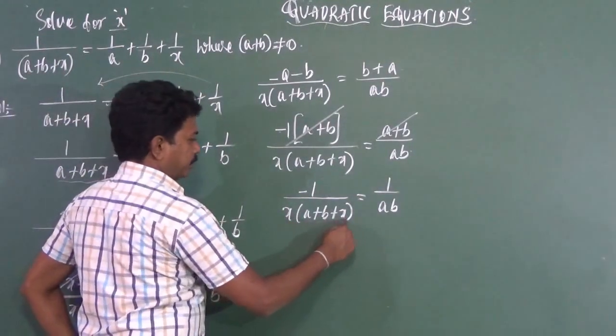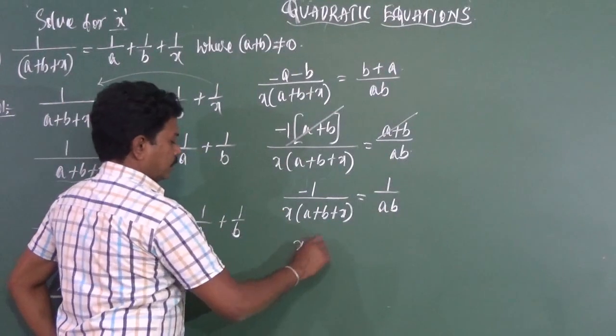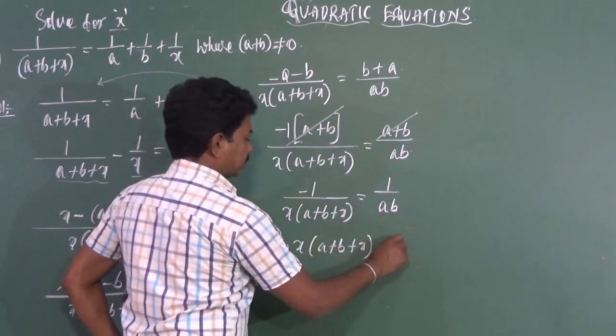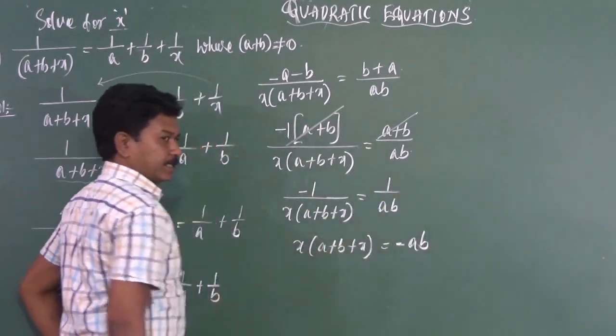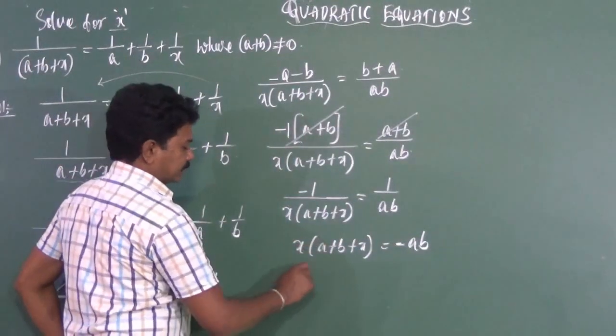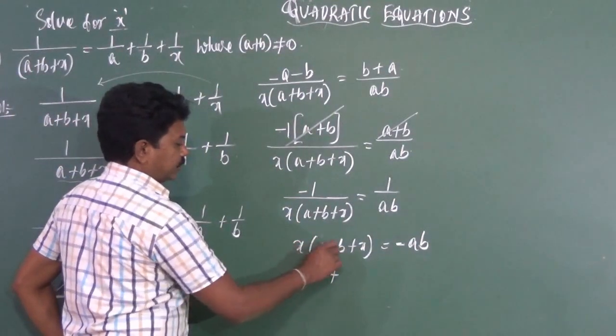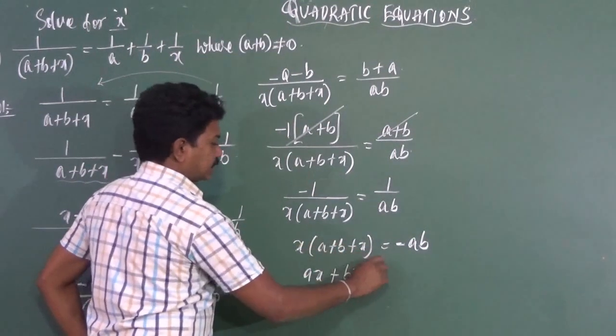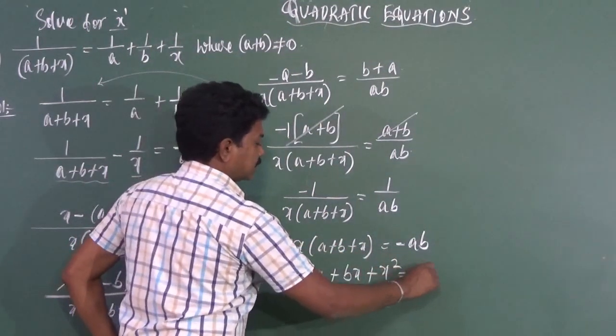So x into (a plus b plus x) into 1 is x into (a plus b plus x), which is equal to minus 1 into ab, which is minus ab. Right? x into a is ax, plus x into b is bx, plus x into x is x square, equal to minus ab.